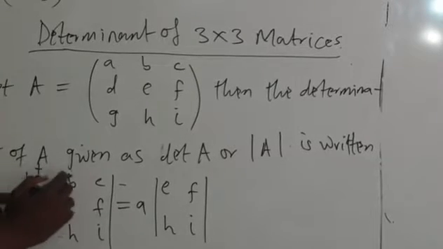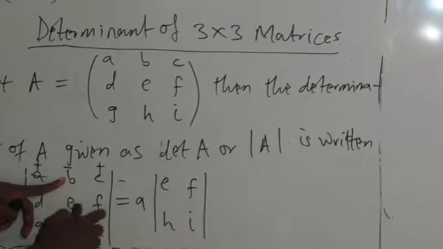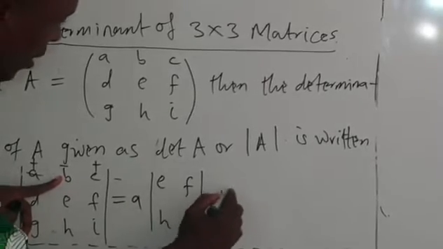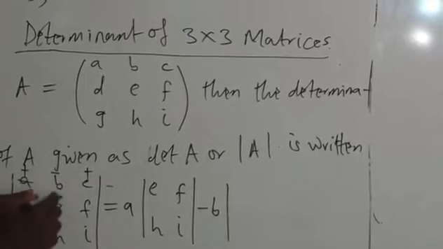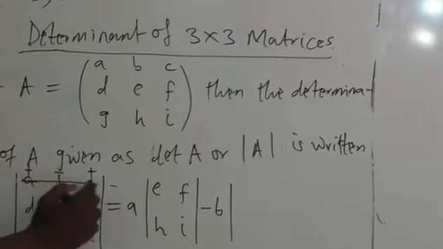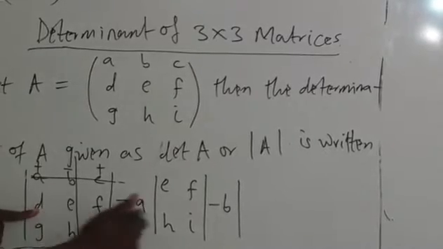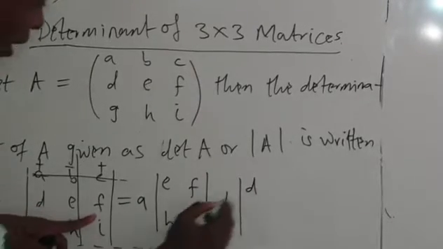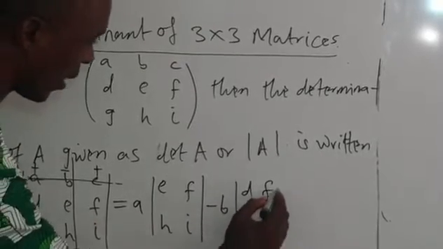We have plus, minus, plus. So the second term, we have minus B. Then hold on to the row and column along B. So we are left with D, F, G, and I.